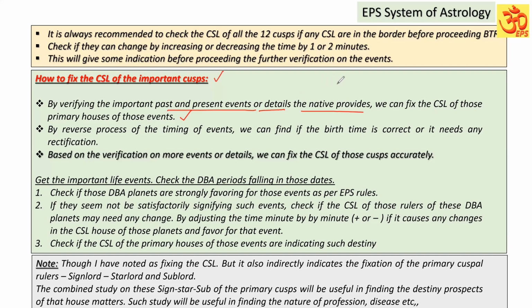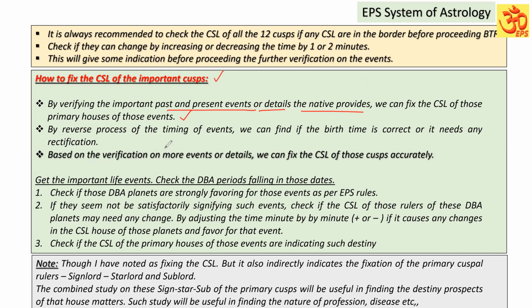Suppose the native gives the date of marriage. With the help of that date, we can check whether the Dasa Bhukti Antara during which the date of marriage falls is, as per EPS standards and rules, favorable or strong enough to favor the event.